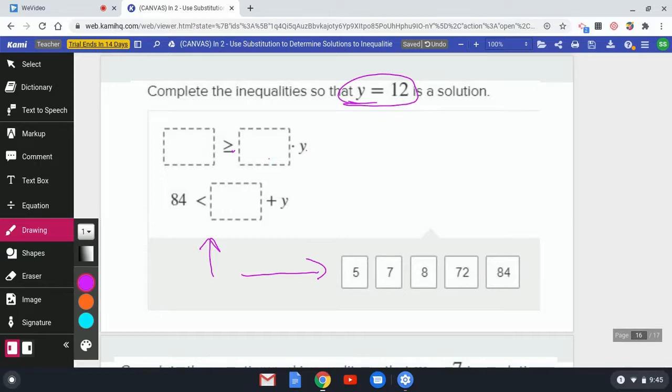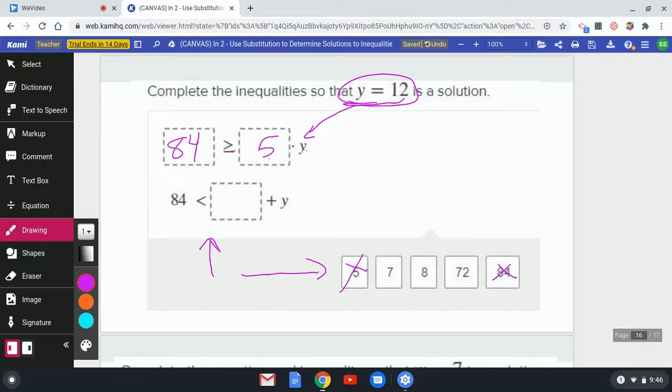So let's put 84 in here. And let's put 5 in here. When I put 12 in, 5 times 12 is 60. 84 is greater than or equal to 60? Yeah, so that makes it true.